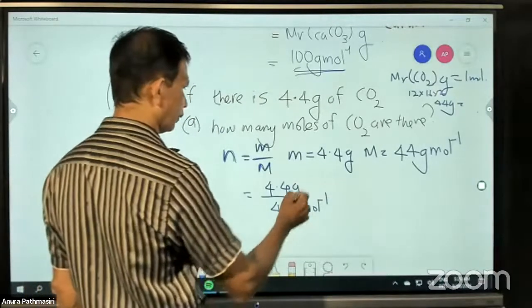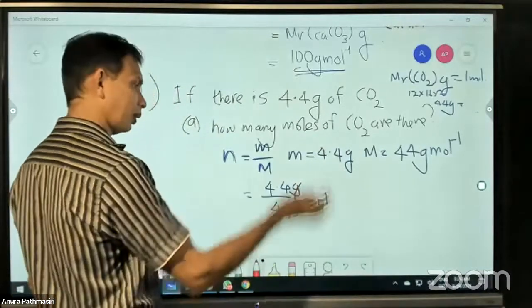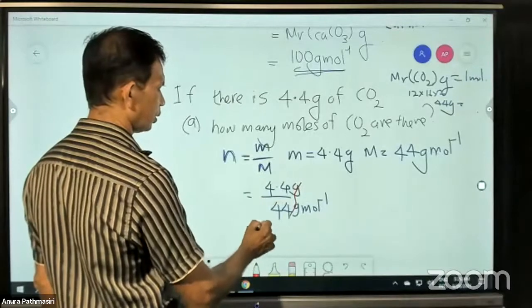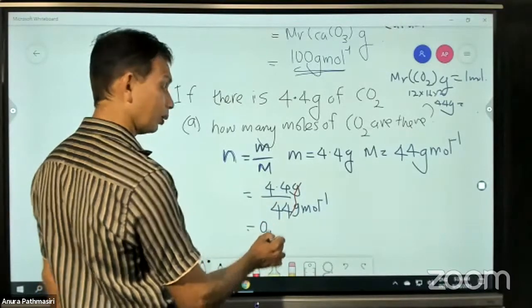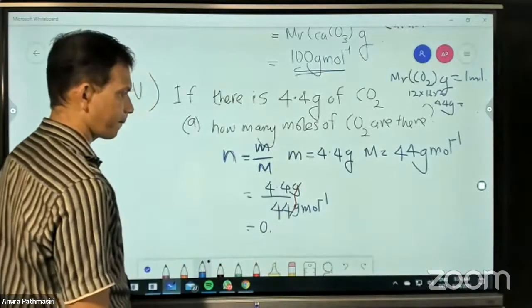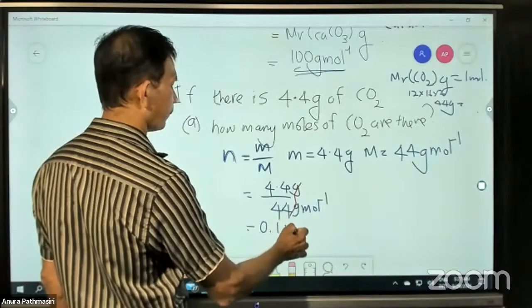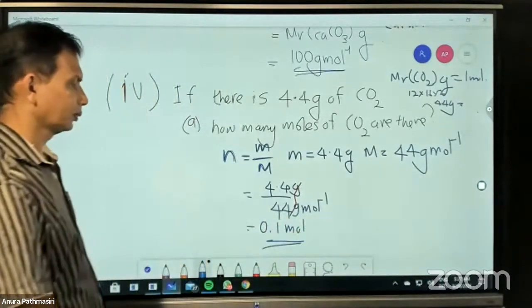Gram cancels gram, leaving mole, and the answer is 0.1 mole.